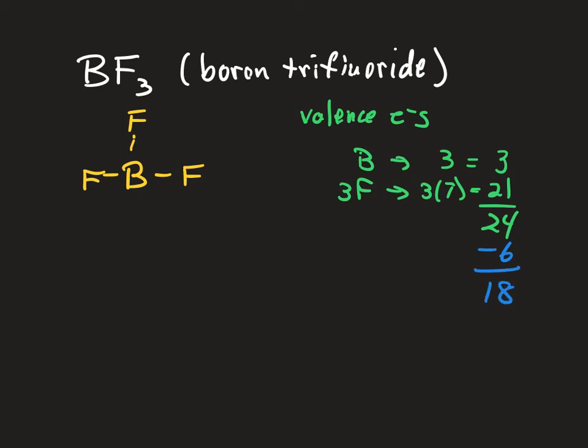And so we distribute those 18 around the fluorines, and we run out of electrons right there. Now the question becomes, we've got this boron in the center, but it doesn't have an octet.